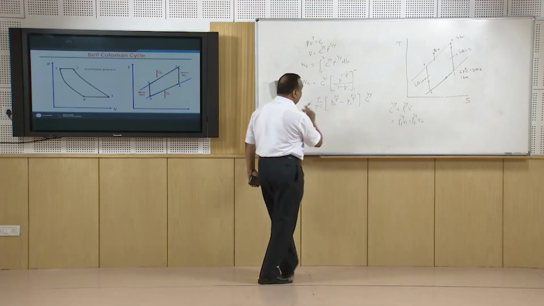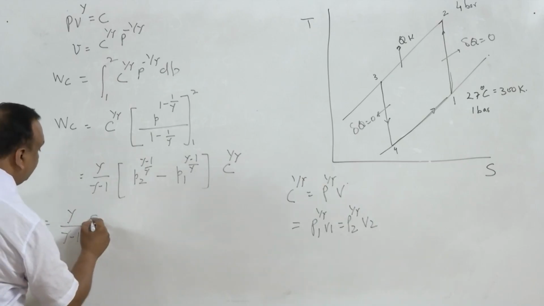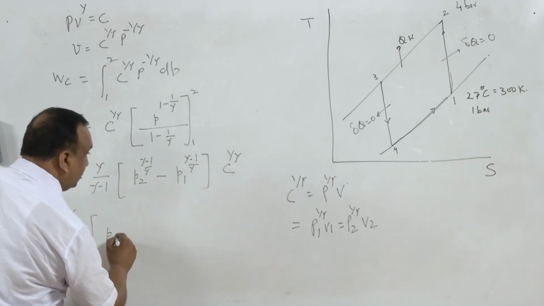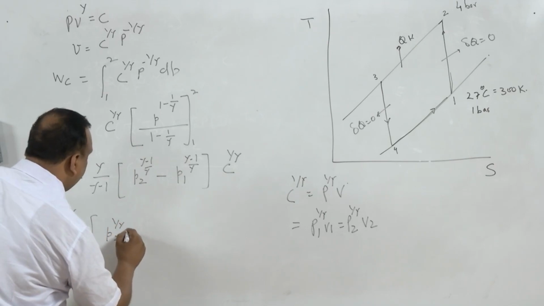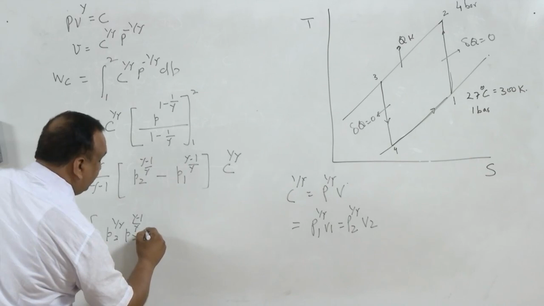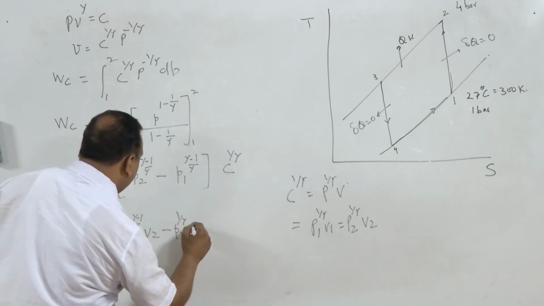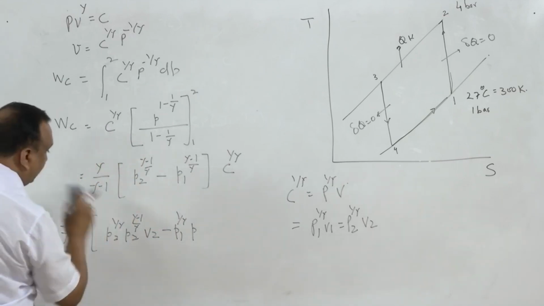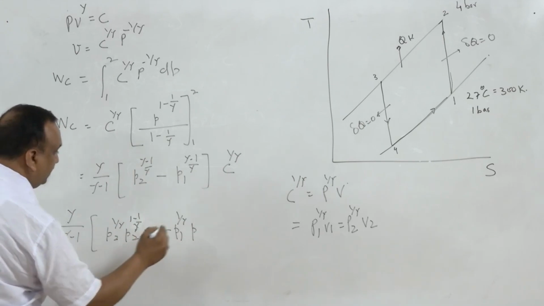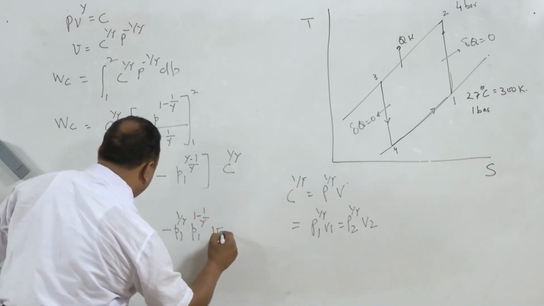Now, putting this value of C here, we will be getting gamma over gamma minus 1 times P2 raised to power 1 by gamma, P2 raised to power gamma minus 1 by gamma V2, minus P1 raised to power 1 by gamma, P1 raised to power 1 minus 1 over gamma, V1.